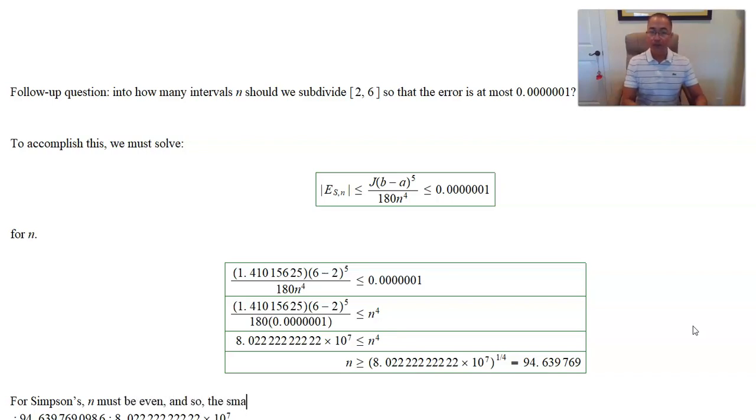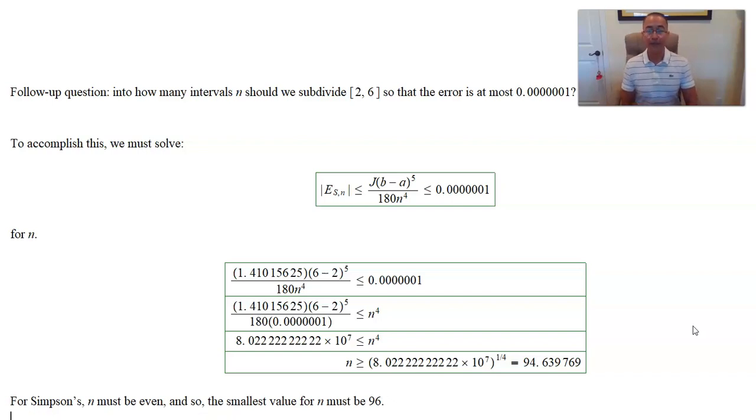And so the smallest value for n must be, so now your guesses are 92, 94, or 96. I hope that you answered 96.